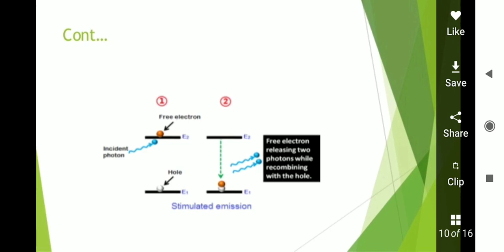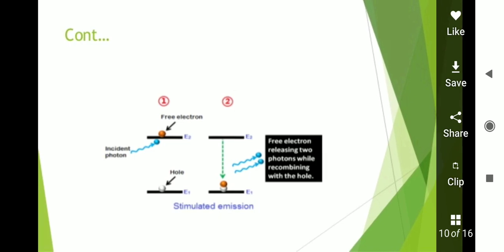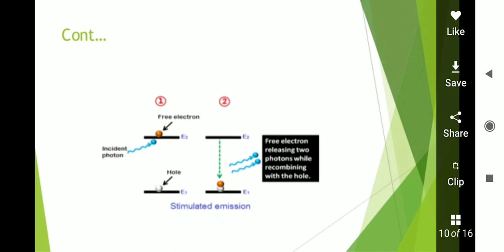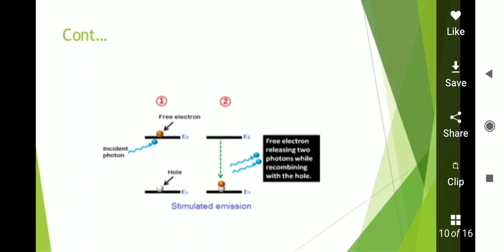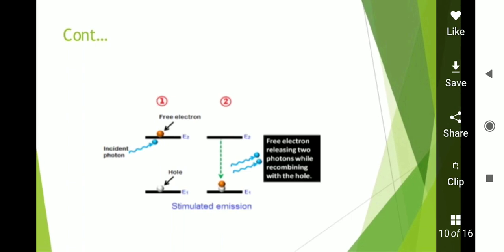You can say the electron present at the higher energy level is provided a photon of energy. At the E1 side of figure B, the incident photon and the coherent emitted photon are shown in the center of E2 and E1 of figure number 2. At the E1 side, the electron comes back to the ground state by releasing energy of two times the incident photon.